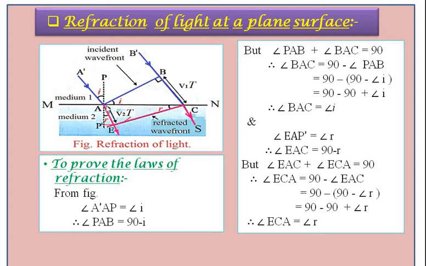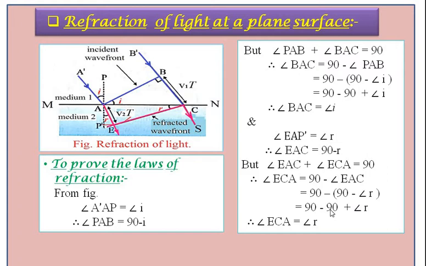So angle EAC plus ECA is equal to 90 degrees. Therefore, angle ECA is equal to 90 minus EAC. So the value of angle EAC is equal to 90 minus r.